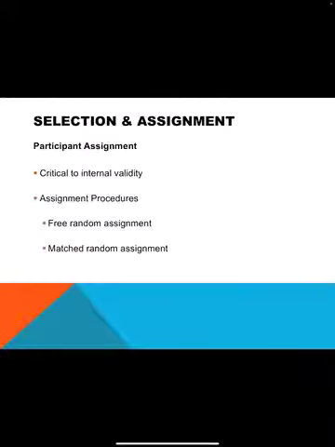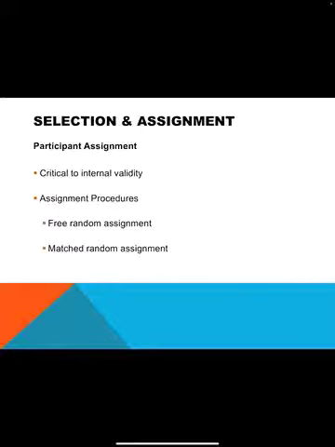And as I also mentioned briefly, assignment makes a difference. By assignment, I mean assigning participants to conditions or groups. And the way we do this is absolutely critical to internal validity. So in order to minimize bias due to assignment, we want to make sure that the groups are as equal as we can make them before.